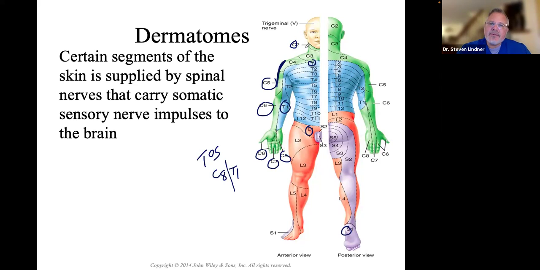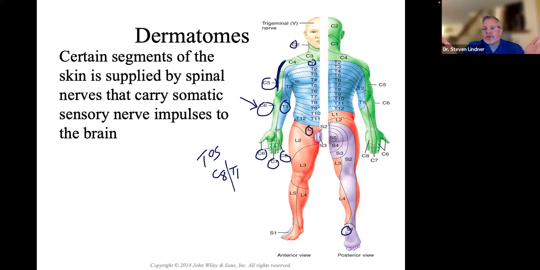So if you have a nerve impingement in your neck and we think C5 is involved, there's going to be lack of sensation or some sort of paresthesia, too little or too much sensation here. If we think the problem is at C6, then there's going to be too little or too much sensation to this lateral part of the forearm, first and second digit. If we think C7 is involved, then the middle finger is too little or too much sensation.